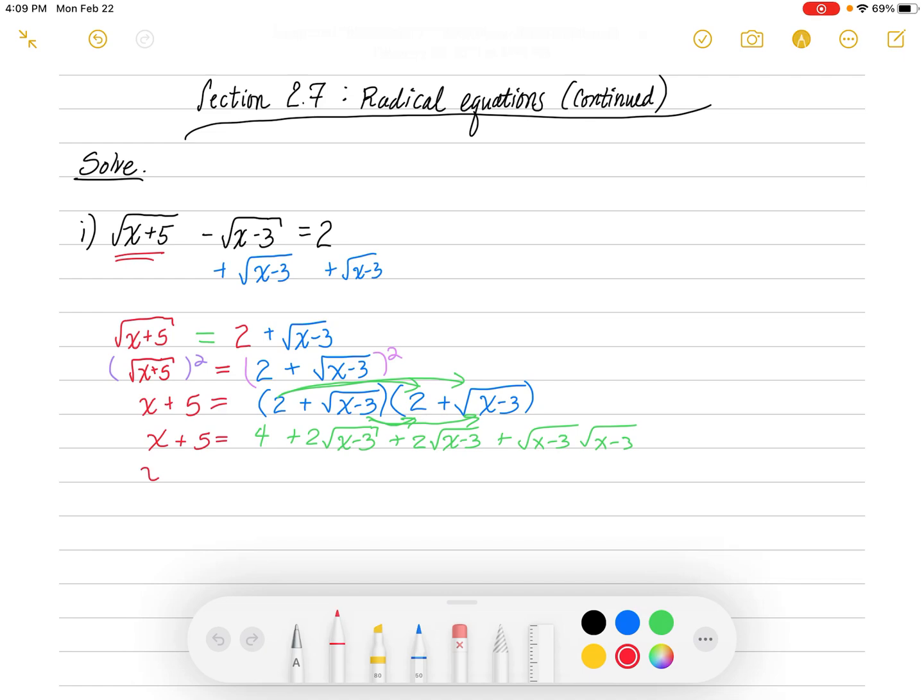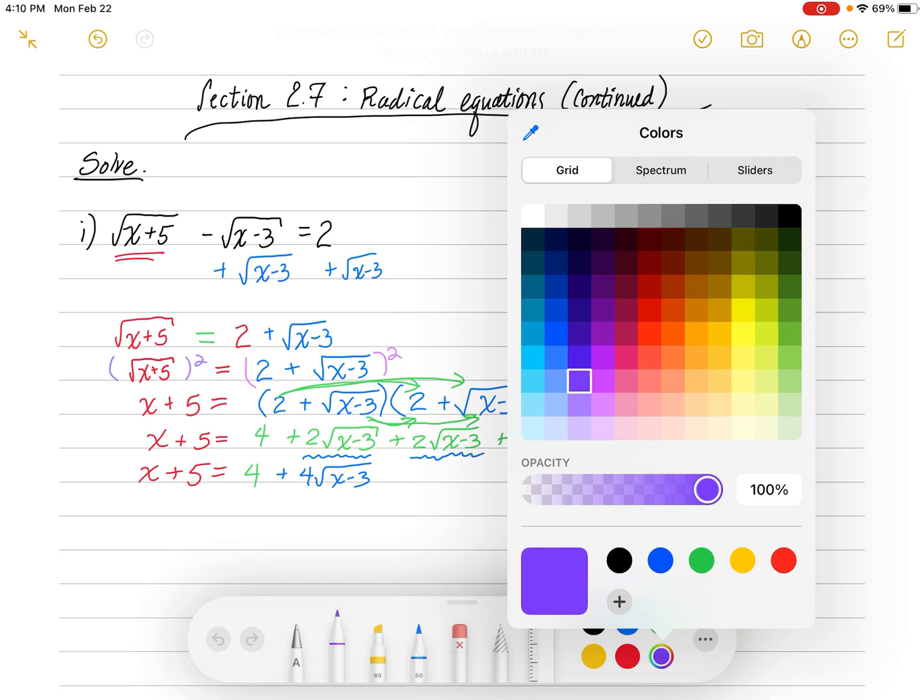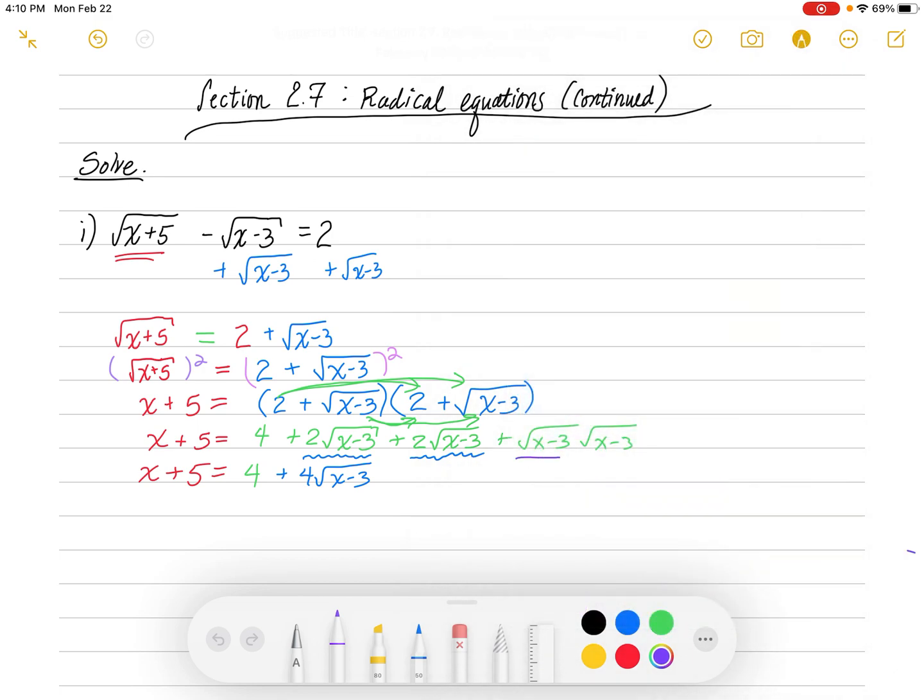We want to clean this up. So the left side, x plus 5. On the right side, we have 4. And notice there's like terms here. 2 radical x minus 3 and 2 radical x minus 3 is going to give me positive 4 radical x minus 3. And then here on the far right, anytime I multiply a radical by itself, that's the same as squaring that radical.